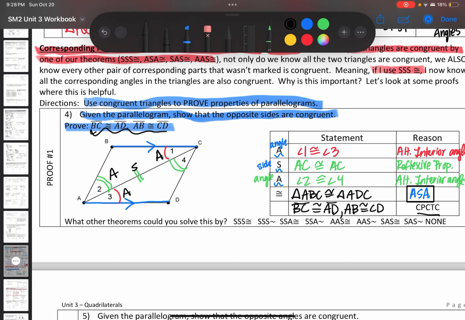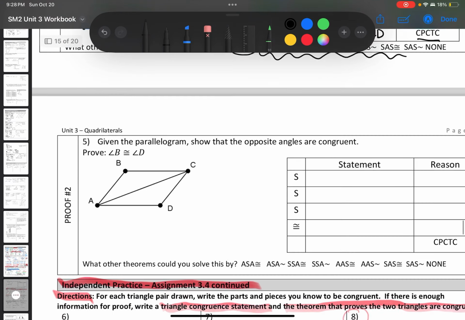If I know a parallelogram, I also have opposite sides that are congruent. We just proved it by angle, side, angle, but we can also prove it by side, side, side, if I know the opposite sides are congruent. You can look at these to see that I can also prove it that way.